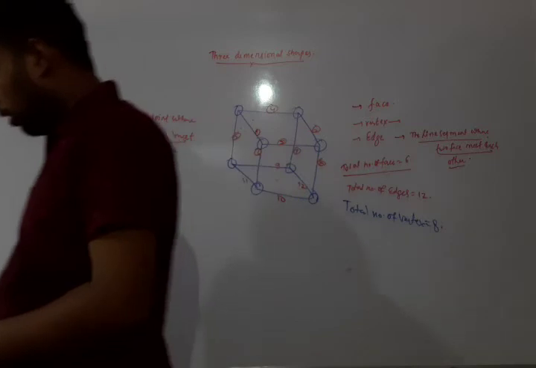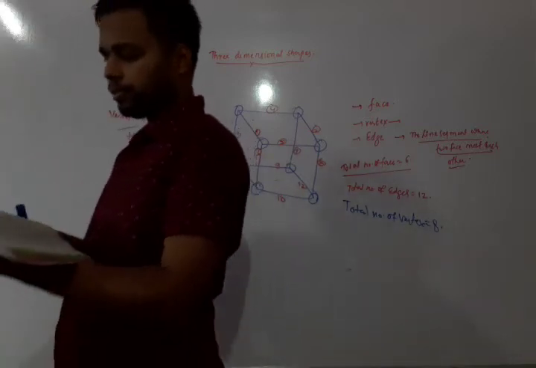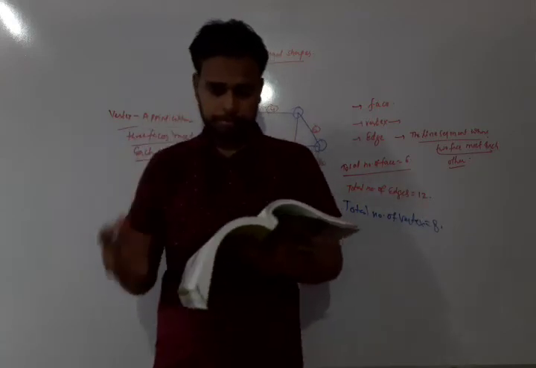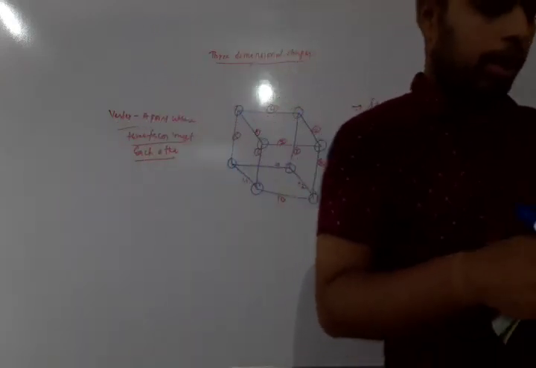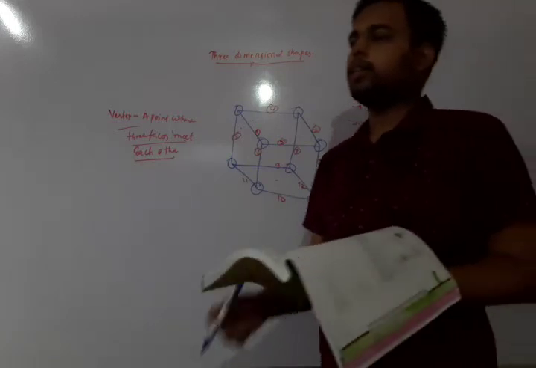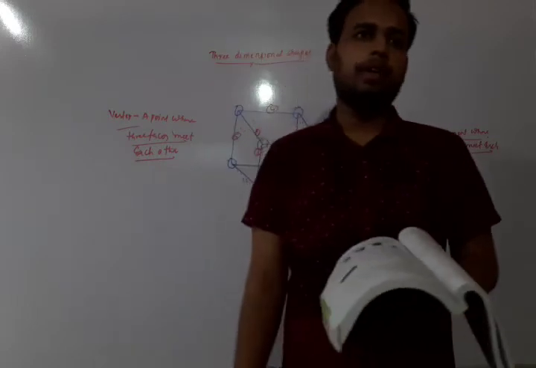Now moving on, there are some different shapes, like a prism. How is a prism formed? A prism is a type of material, made of glass.